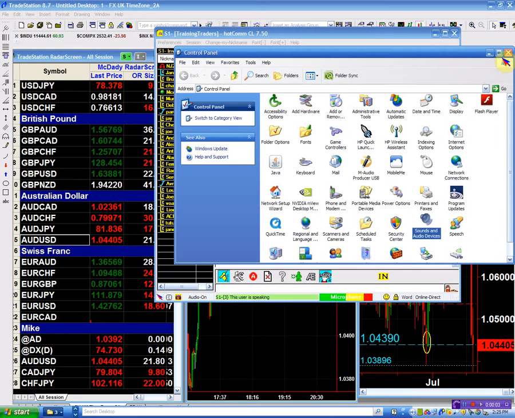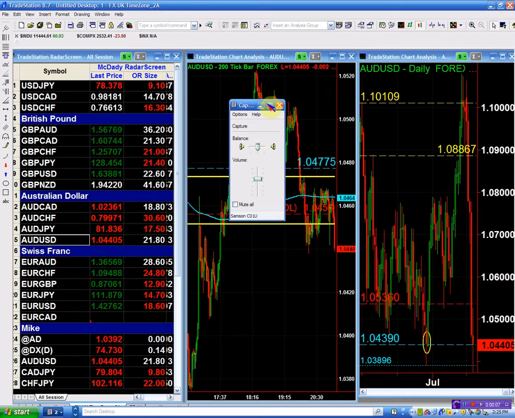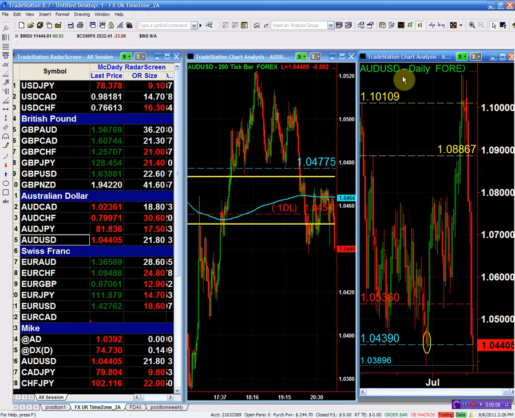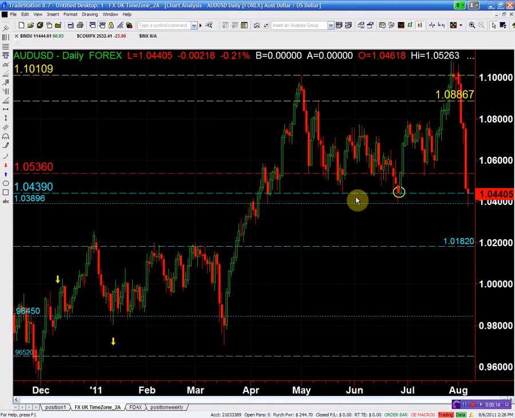If we look at the Aussie dollar, you can see now that this is the sign that we have of the weakness of the Australian.